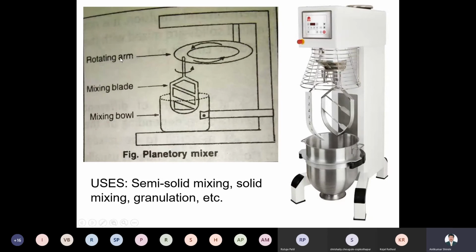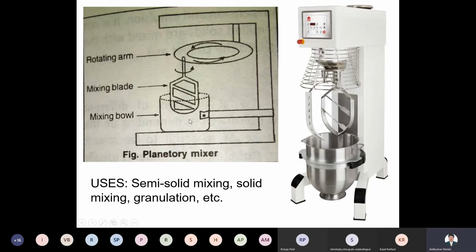This is the rotating arm. The first part is called the rotating arm. It rotates anti-clockwise or clockwise depending on the setting; generally it can be used anti-clockwise. Then the mixing blade is attached to this. Understand?